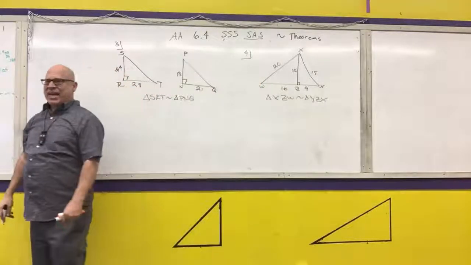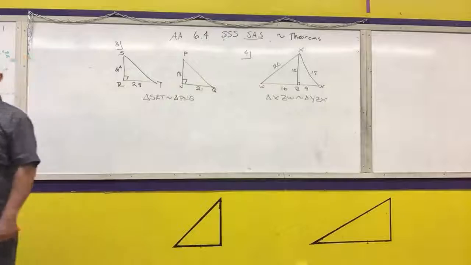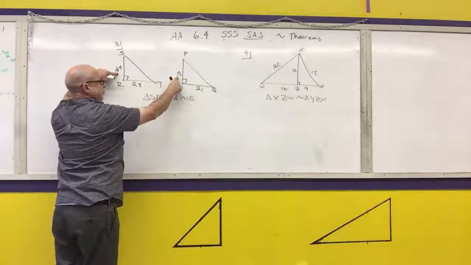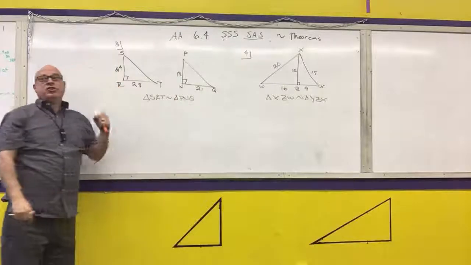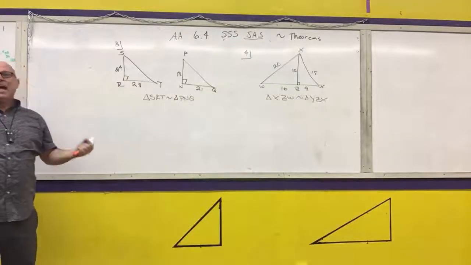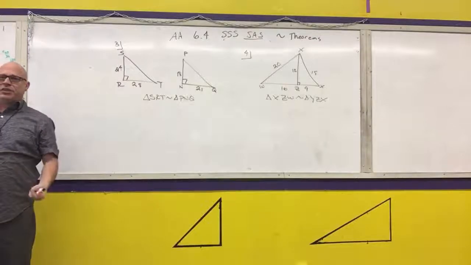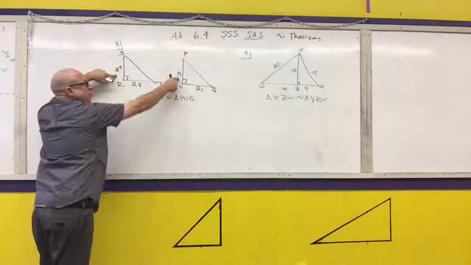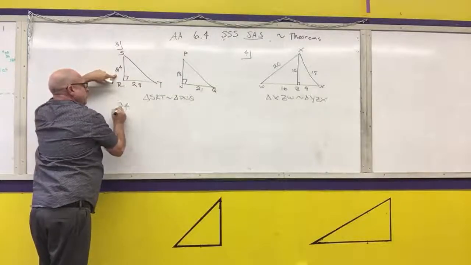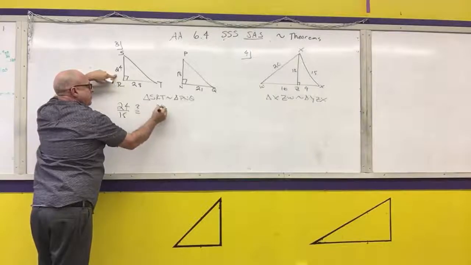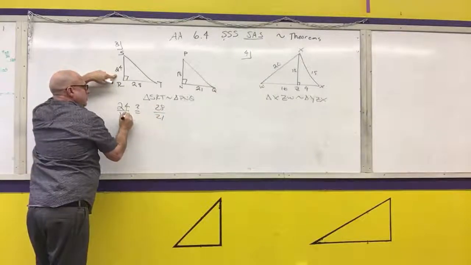Do I have two sides and an included congruent angle? Yes, I do. So to prove that they are similar, I can use side angle side. I need to check the ratios of the corresponding sides. Is left over left equal to bottom over bottom?